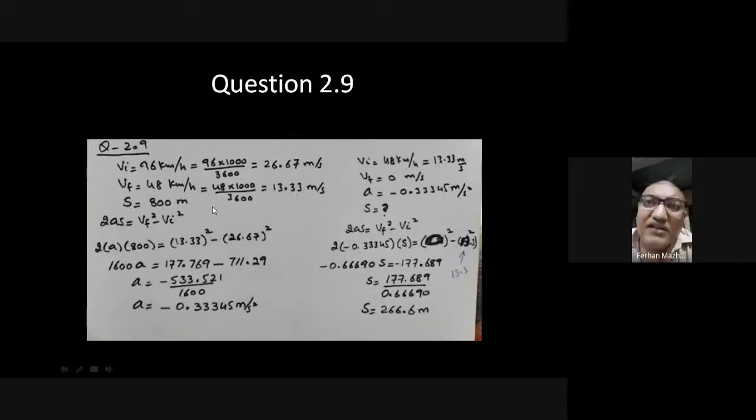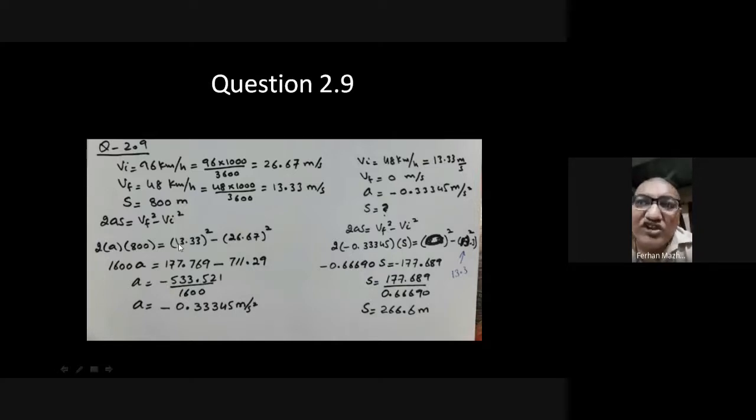The distance traveled is 800 meter. Now I will apply the third equation of motion: 2as is equal to vf square minus vi square. So you see here, 2 multiply the a value I want to find out, 800, the distance traveled is 800.